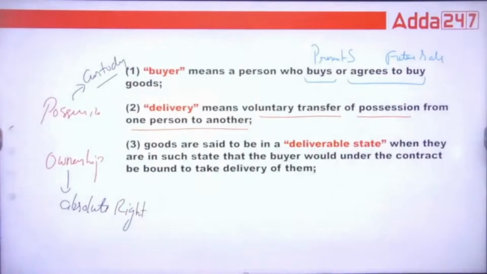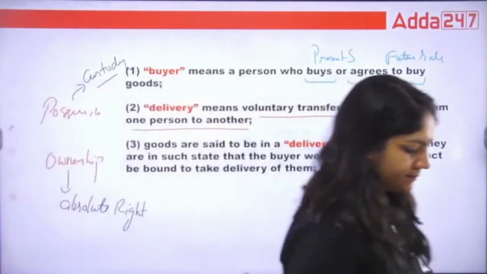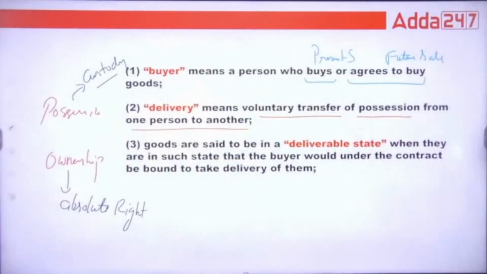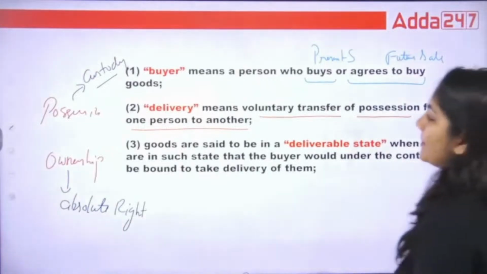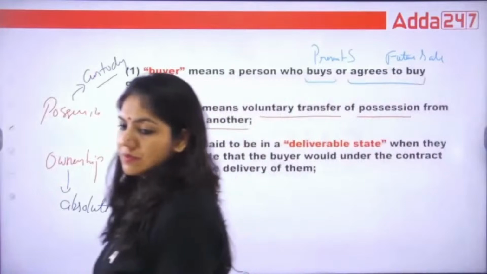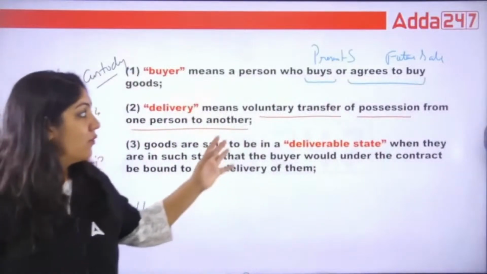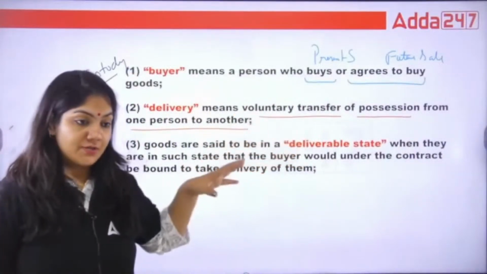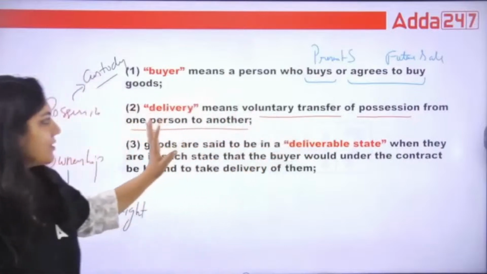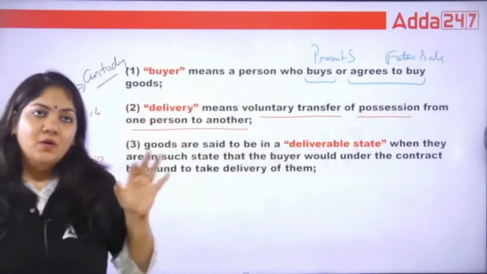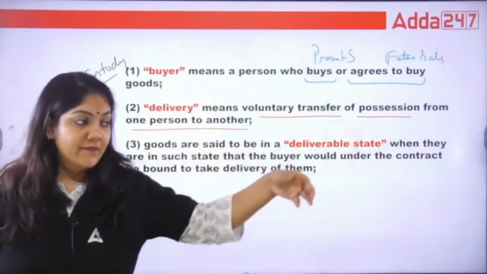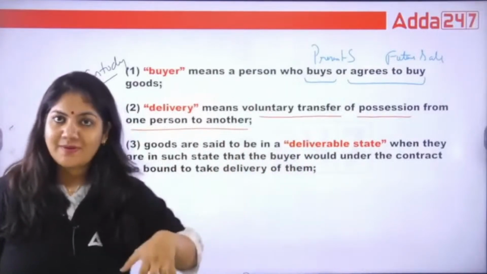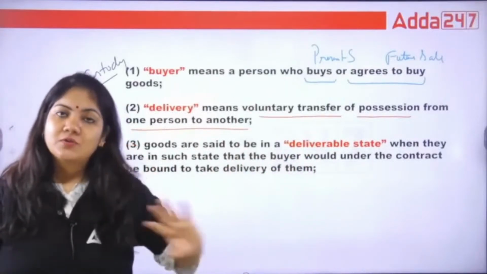This is called ownership. This is very important. The delivery is actually voluntary, without any pressure. We are transferring the possession from one person. And once possession is transferred and the buyer has paid the full price, then ownership will be automatically transferred.